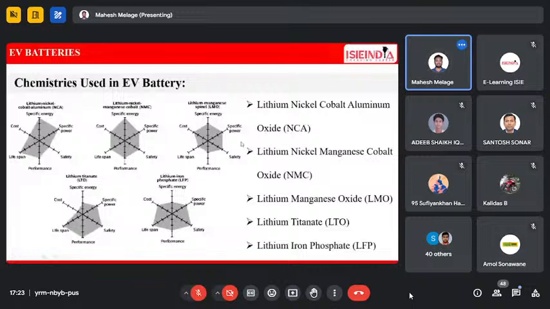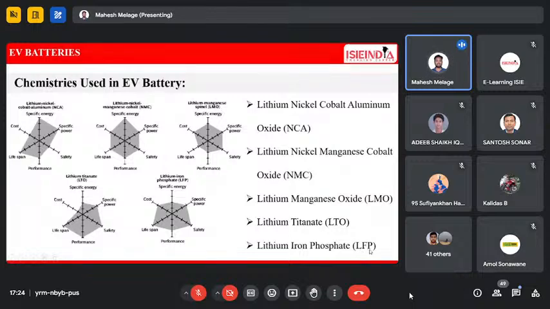The first is lithium nickel cobalt aluminum oxide. Next is lithium nickel manganese cobalt oxide. Next are lithium manganese oxide, lithium titanate, and lithium iron phosphate. In most cases, LFP batteries are used.